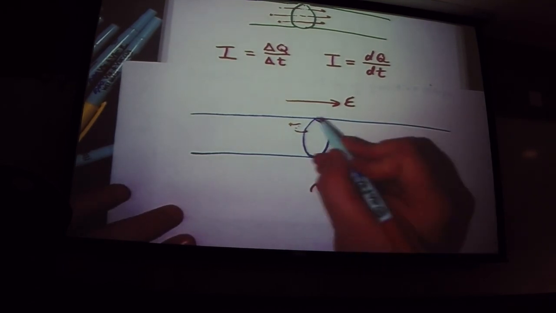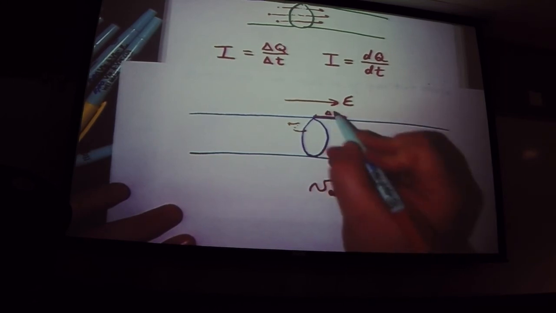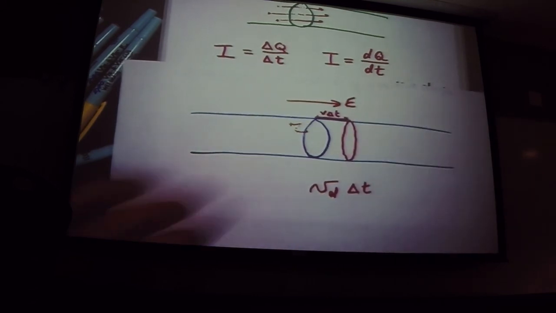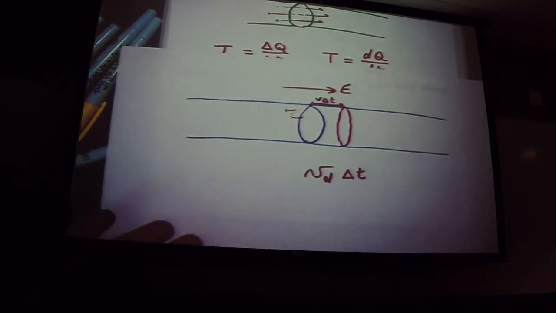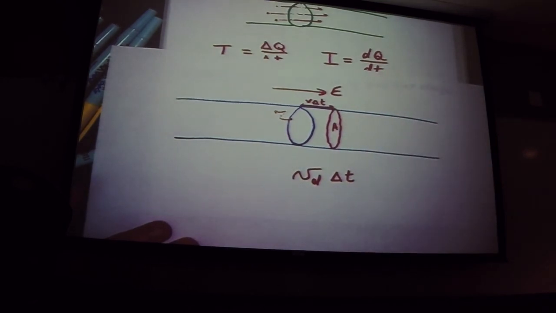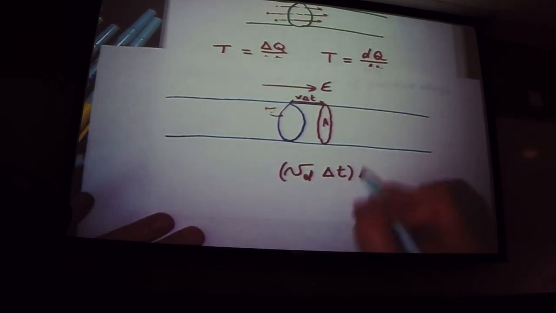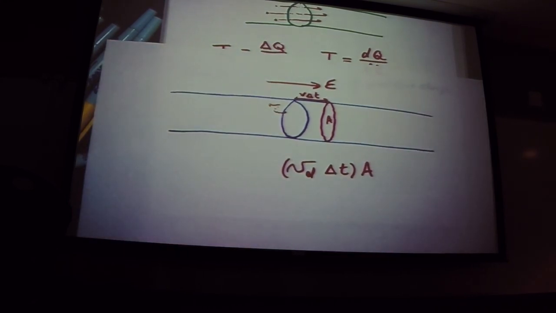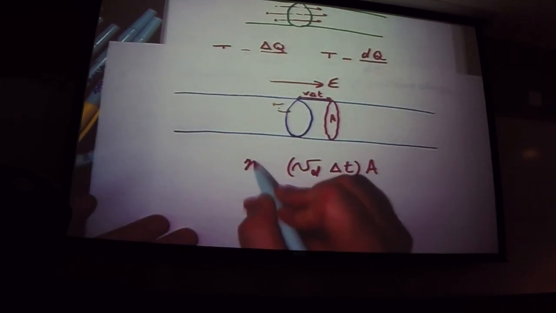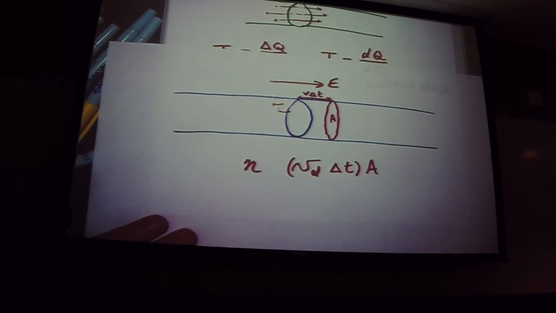So for the charges that pass through here in time delta t, this distance is Vd delta t. Multiplied by the area of the wire, that's basically the volume of charges that pass through. Now I want to know the number of charges in there and the charge of each one.